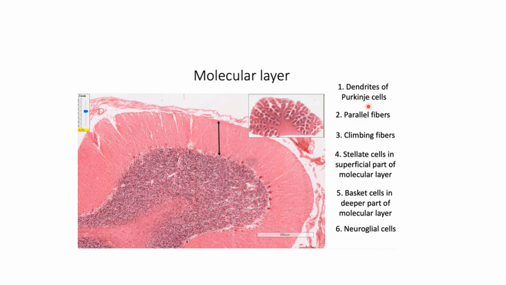The dendrites of Purkinje cells, which arise from the apex of the flask-shaped Purkinje cell, parallel fibers coming from the granule cells, climbing fibers, stellate cells which are present in the superficial part, the basket cells present in the deeper part, and the neuroglial cells. These are the 6 components of the molecular layer.